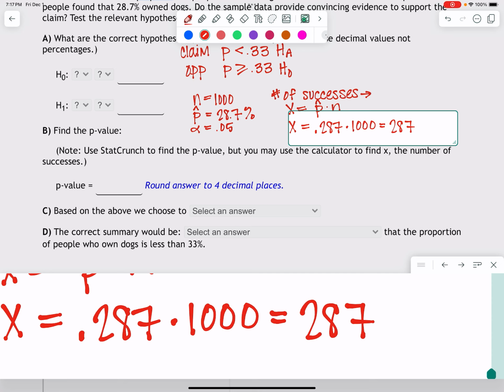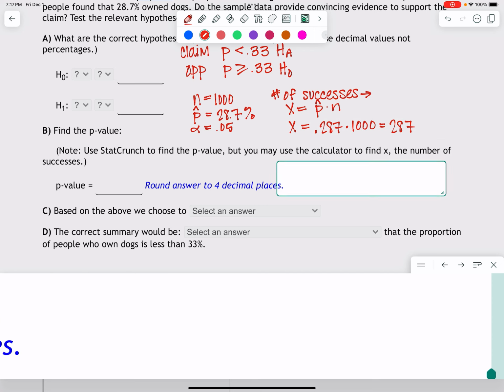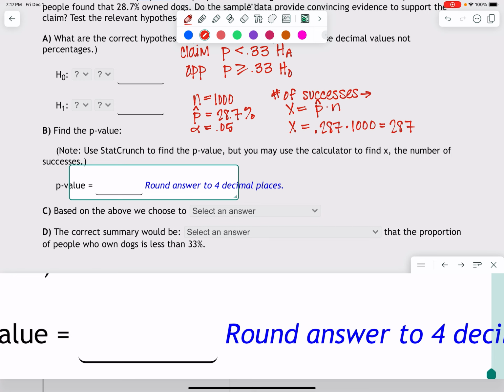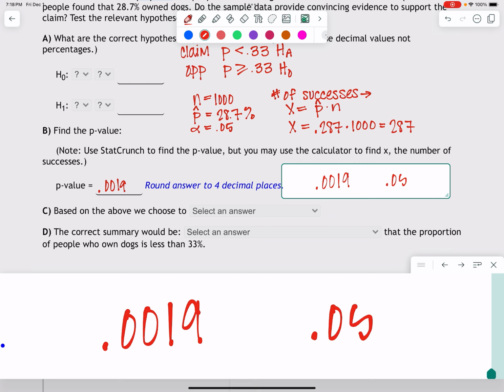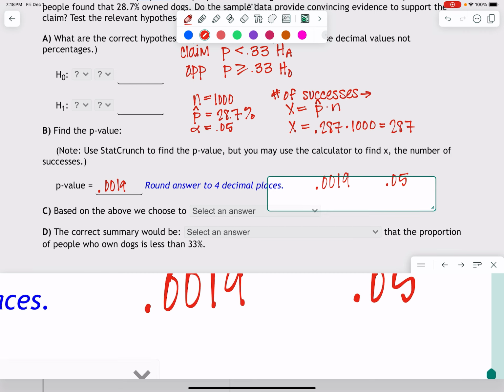Our alternative hypothesis is going to be a less than 0.33. I got a p-value of 0.0019. We need to compare that to alpha. Alpha was 0.05. This tells me that p is definitely greater than alpha.